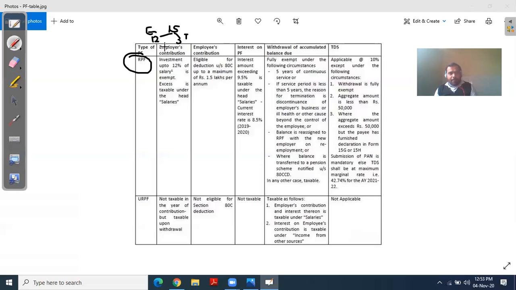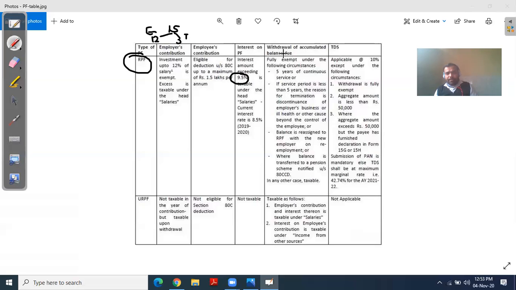If the employer contributes up to 10%, it is exempt. And if the employee contributes, they will get the deduction under section 80C. Interest up to 9.5% is exempt, and beyond that it is taxable.